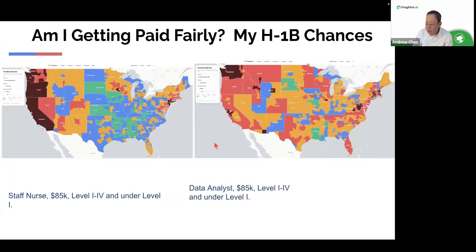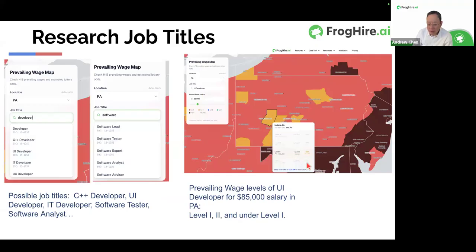Over here, there are some examples. For example, nurse: staff nursing can be from level 1 to level 4, and data analyst also can be level 1 to level 4. You can also research your possible job titles, say C++ developer.